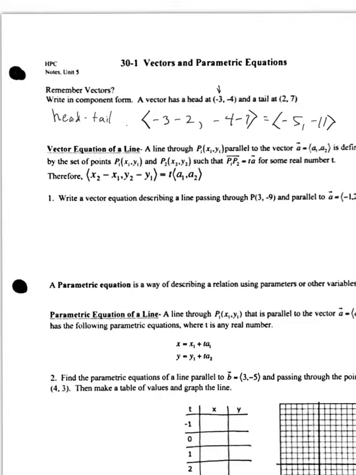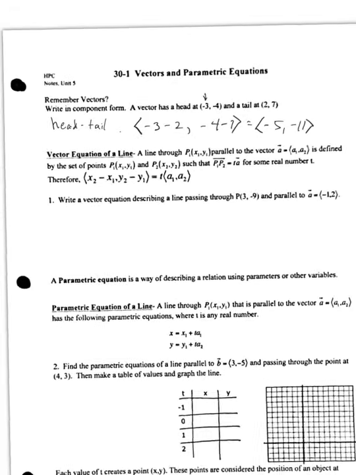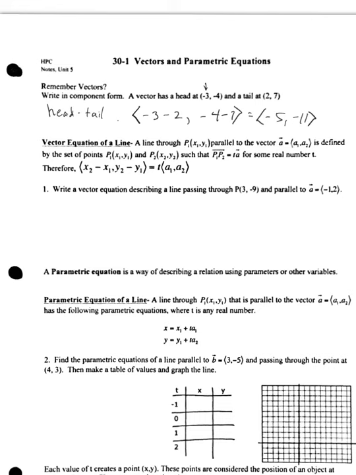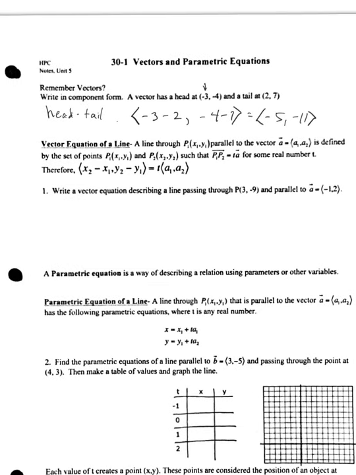Now this next part right through here is how you write the vector equation of a line. This is a little bit confusing and it doesn't make a lot of sense right now. As we go through, it will make a little bit of sense. And if you've done this in ALEKS, then you'll know for sure, because this is in ALEKS.